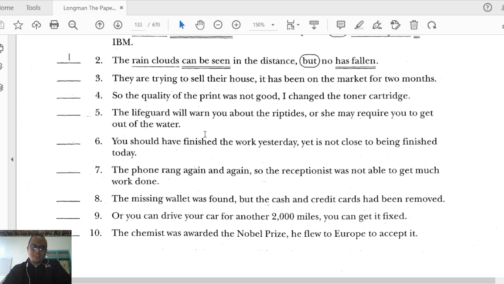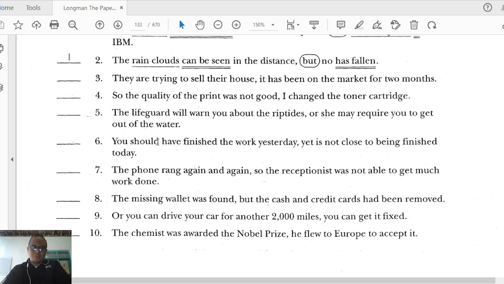You should have finished the work yesterday, yet it's not close to being finished today. Okay, yet it's not close to being finished today. Yes, correct. Yeah. Number 1 and number 5 is correct. Number 6 is correct. Okay.